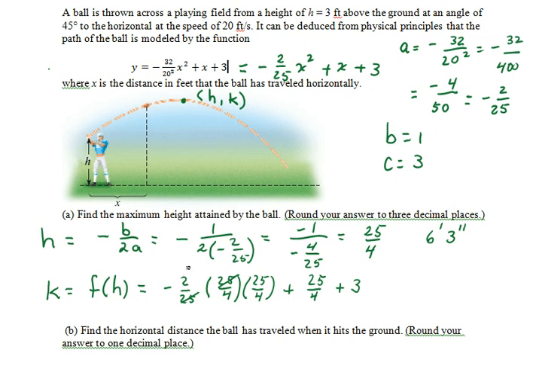We can factor the 2 into one of the 4s. And so we have -25 over 8 plus 25/4, which is 50/8, plus 3, which is 24/8.